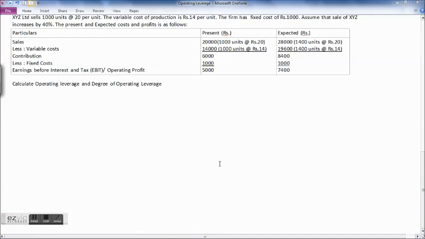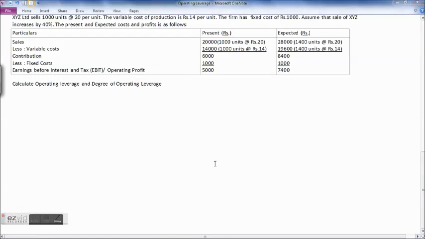Expected is 1400 units at rupees 14 each, so that is 19,600. Then contribution is 6,000, and in the expected case it is 8,400. Then less fixed cost, 1,000 in both cases. Then earning before interest and tax, EBIT, or operating profit, is 5,000 and 7,400. Now we'll calculate the operating leverage and the degree of operating leverage.